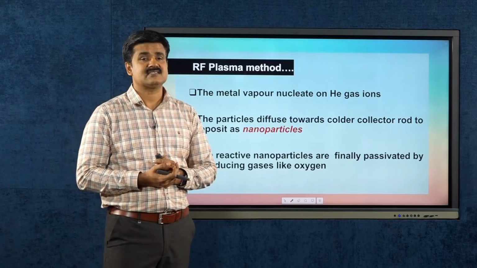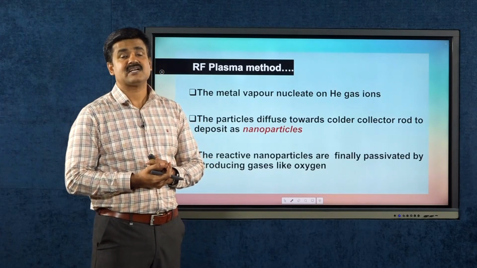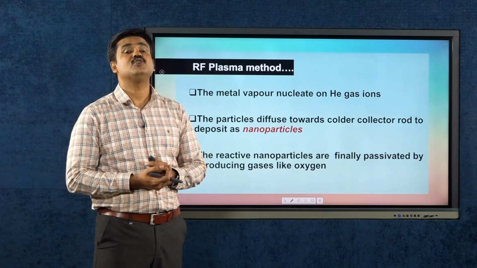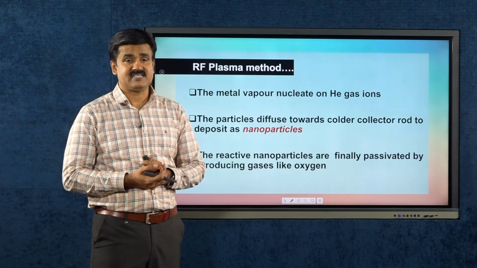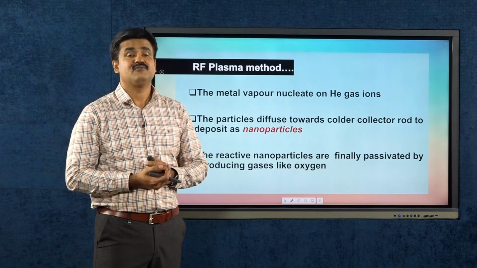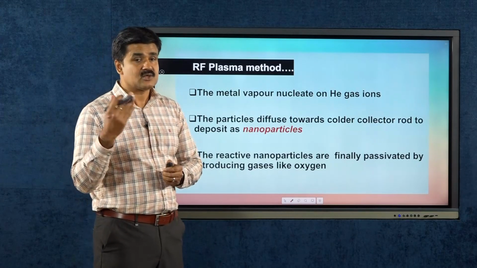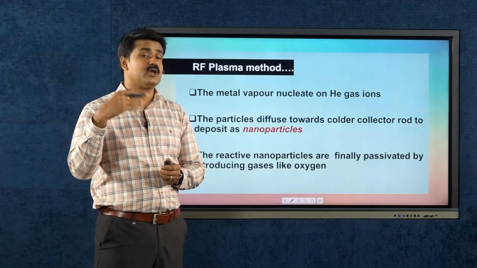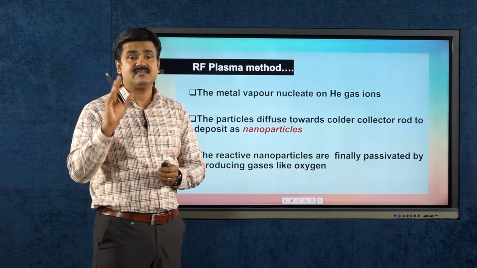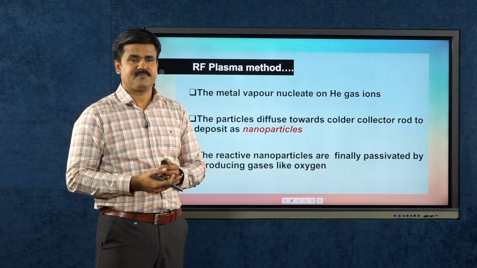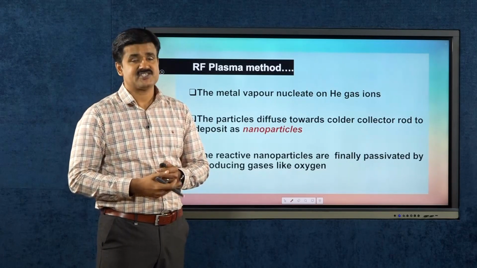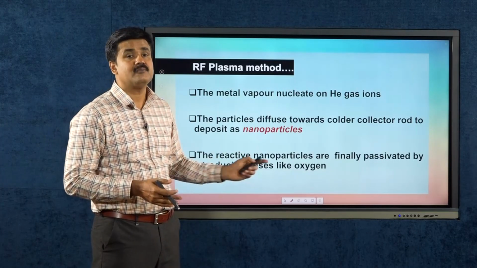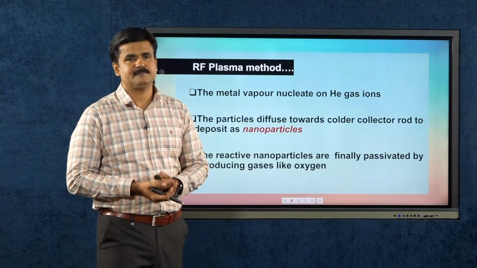In certain cases, you are getting product nanoparticles which are highly reactive. So, to prevent their reactivity, we have to passivate them. We have to make them inert. For that, we are passing oxygen gas. So, oxygen reacts with the metal nanoparticle, and the surface of it is converted to metal oxide. Hence, we will get stable nanoparticles. That process is called passivation, passivation by passing oxygen. This we also have to perform during the RF plasma method.